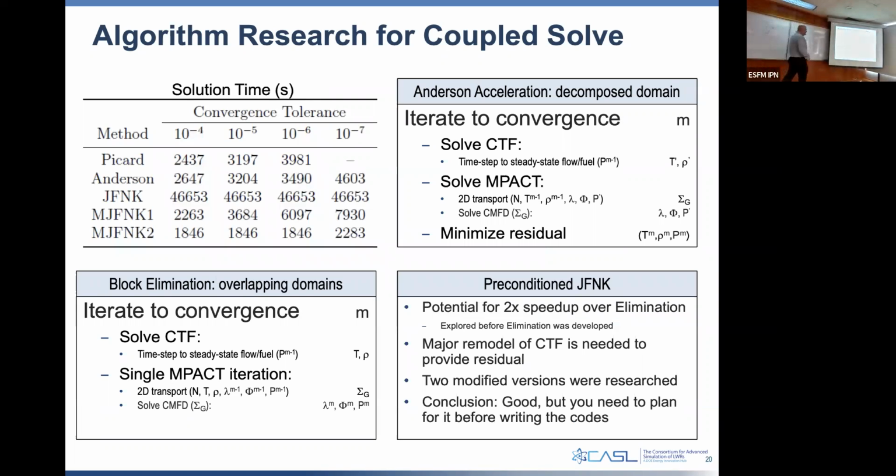So there is another one that I'll talk about later in the week. That is JFNK, the preconditioned Jacobian-free Newton-Krylov method. It is effectively called a more intrusive method. You can't just say, hey, code, you solve, and then you solve. You need the code to say, I'm going to give you an answer and you tell me how bad it is.